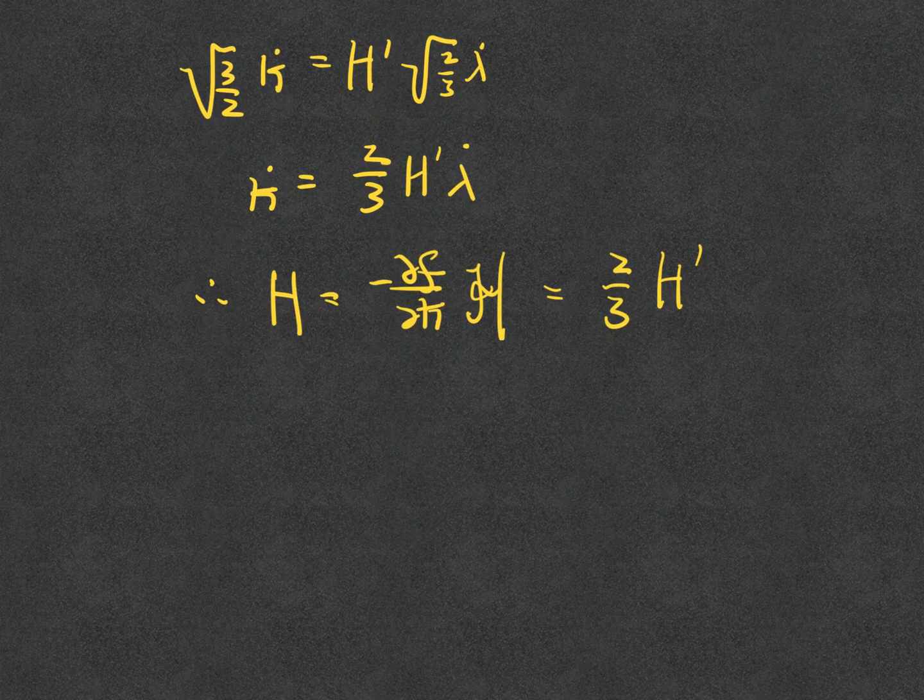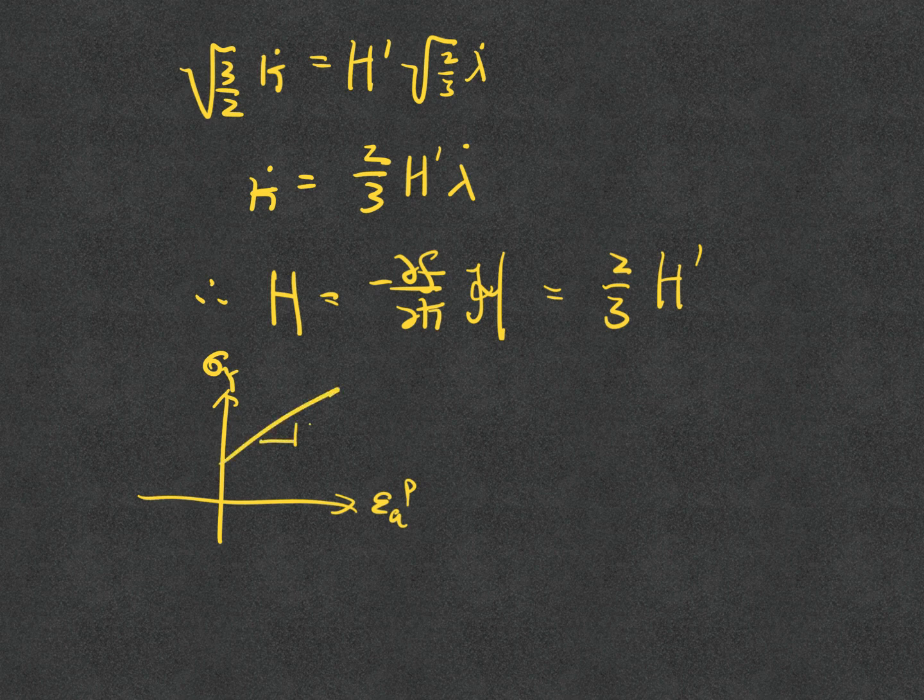So what happens is that if I plot the plastic strain rate change in the axial direction where the material is yielding, I would observe this ratio from the initial yielding, and this would give us the hardening modulus.